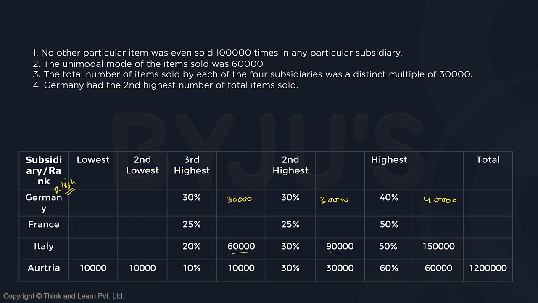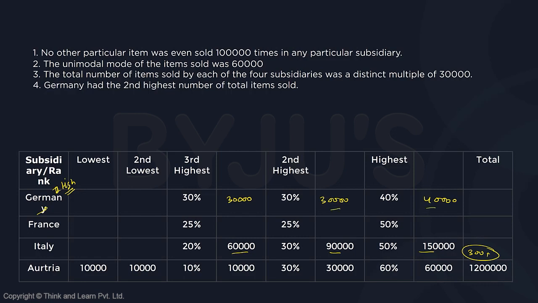Okay, what are the values of Germany's total that are possible? If you look at this, it is already 300,000 plus, right? So I can say this should be the highest, because second highest is Germany.